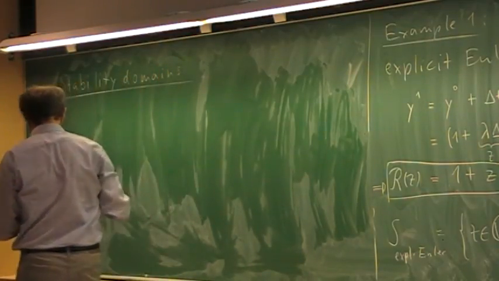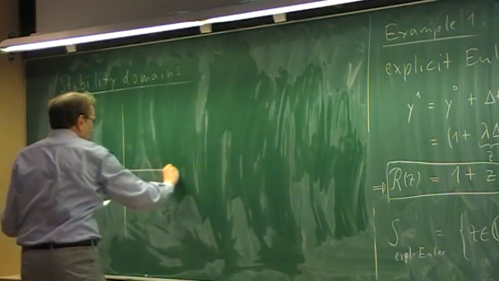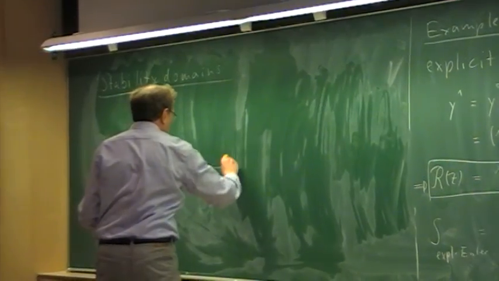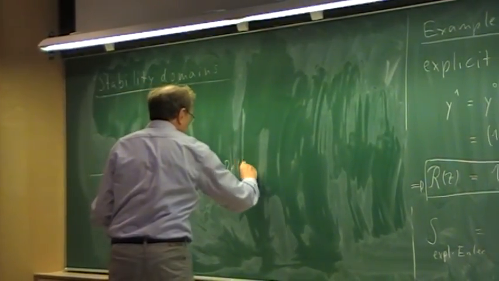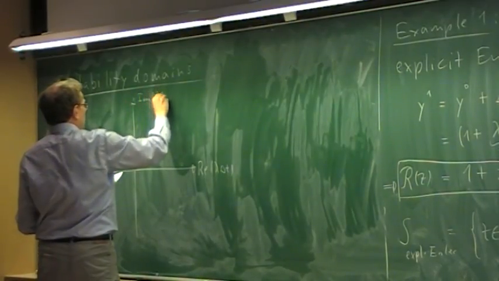Then we can do that. We started already with the explicit Euler method. We have the real part of lambda delta t, and the imaginary part of lambda delta t.